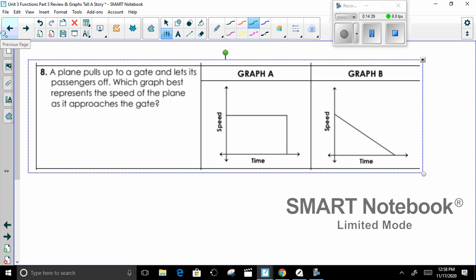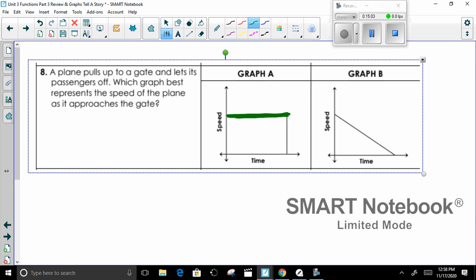All right, for number 8, we want to pick which graph matches. A plane pulls up to a gate and lets its passengers off. Which graph best represents the speed of the plane? All right, so graph A, over time, your speed is maintaining the same.